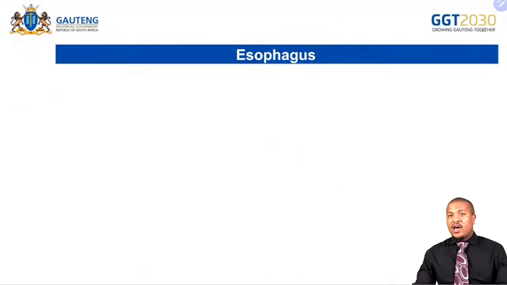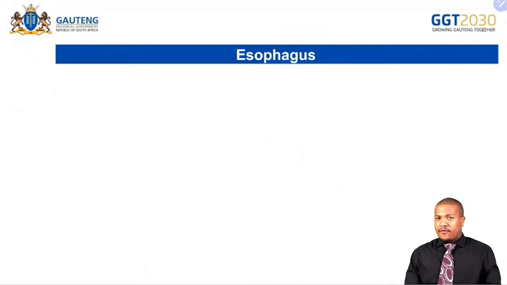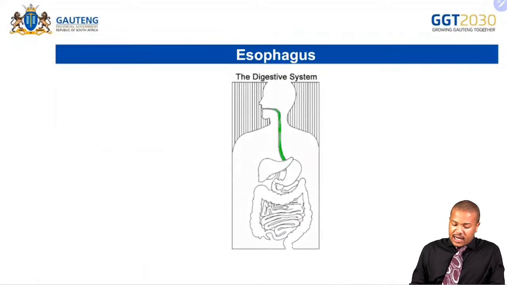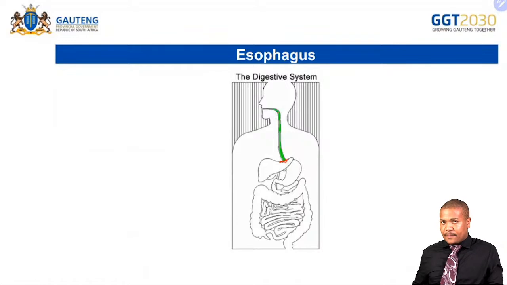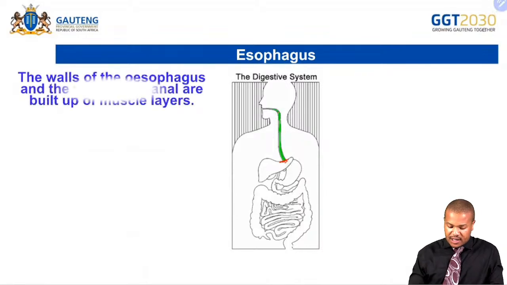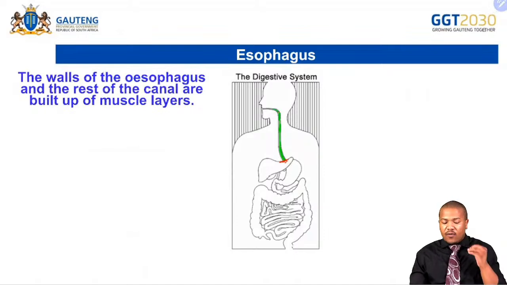Now, from the mouth, we have the esophagus, right? Here is the structure of the esophagus. It is responsible for taking down food from the mouth into the stomach. So how is it structurally suited for its function? The walls of the esophagus and the rest of the canal are built up of muscle layers.